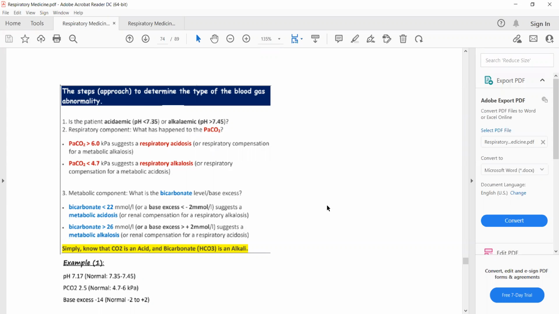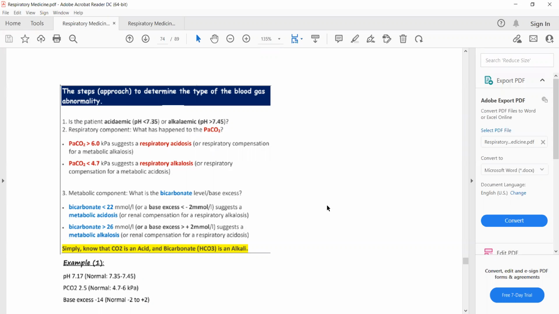Now we are going to determine the respiratory component and then the metabolic component. So PCO2 is 2.5, that is decreased. Alkalosis.